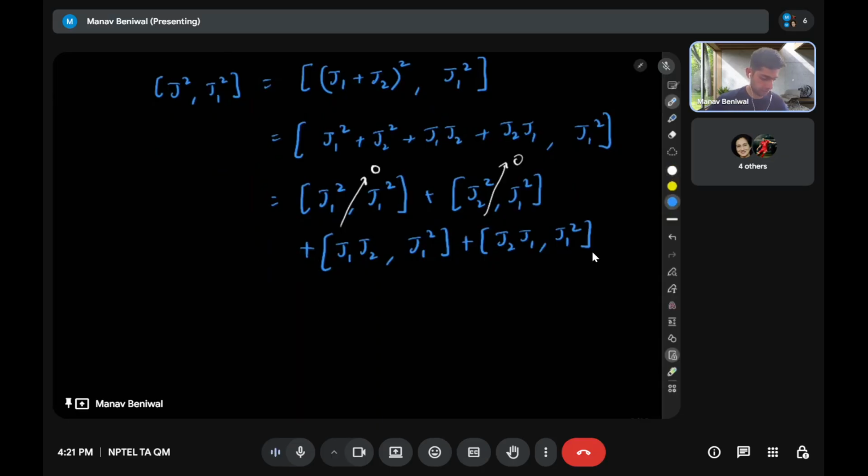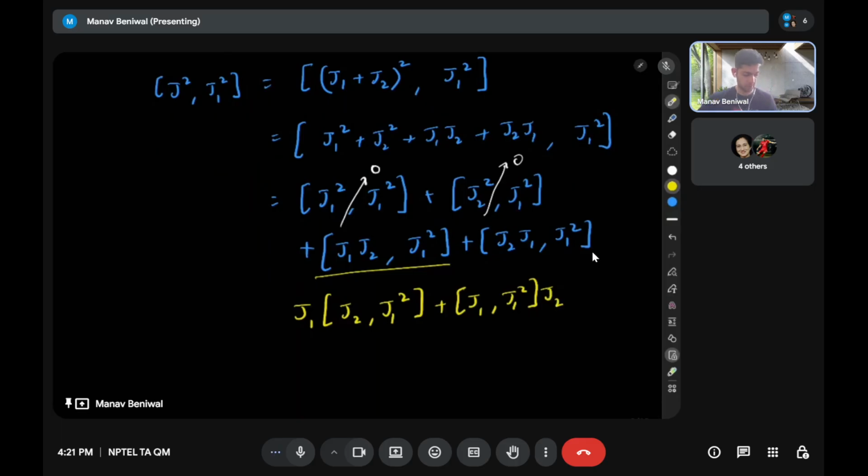Let me write this down explicitly. So this term will be j1 j2 comma j1 squared plus j1 comma j1 squared j2, right? Again you can see that j2 and j1 are non-interacting, so this goes to 0. And here you have j1 and j1 squared, so this term also goes to 0.